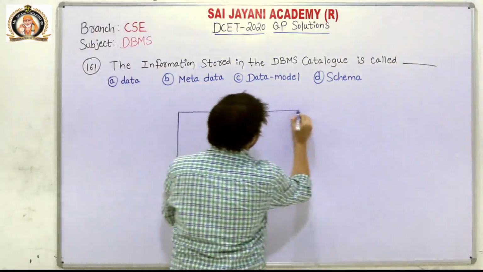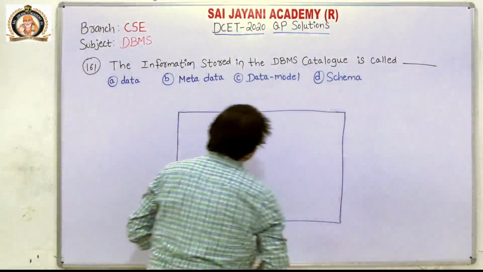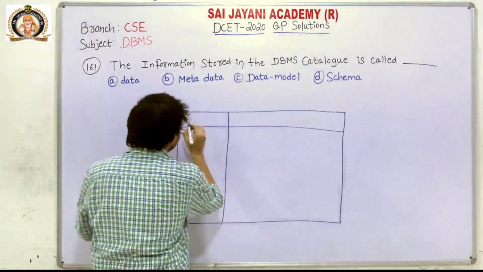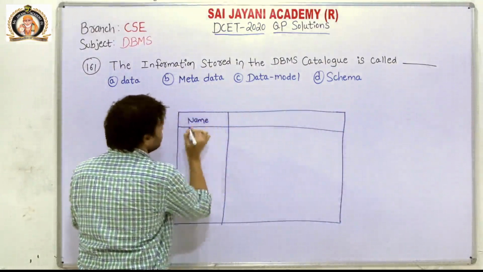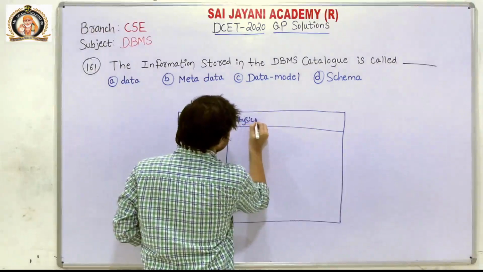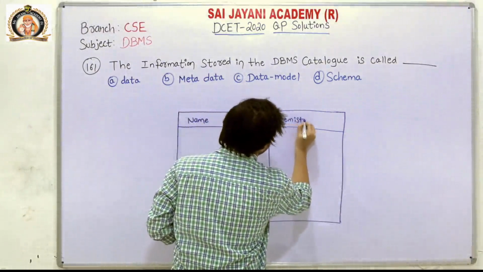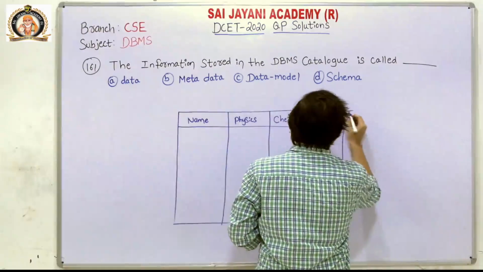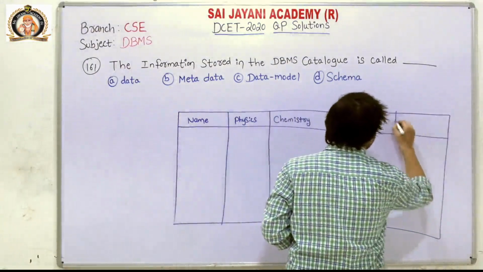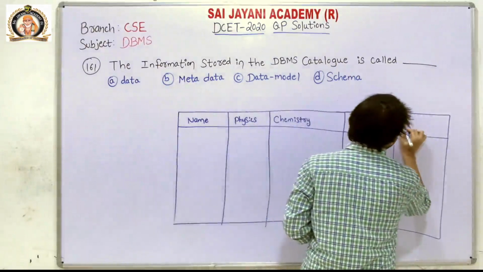In the student marks table, we have a name attribute and also subjects like physics, chemistry, maths, and also biology.